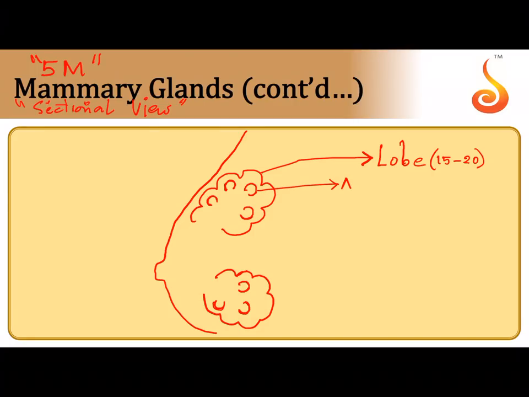These are referred to as the mammary alveolus. Right, I told you that these are pouch or sac-like aggregates where milk production actually takes place, isn't it? Okay, so you saw 2 lobes now out of 15 to 20. How many lobes have I shown? 1. This is the first lobe and this is the second lobe.